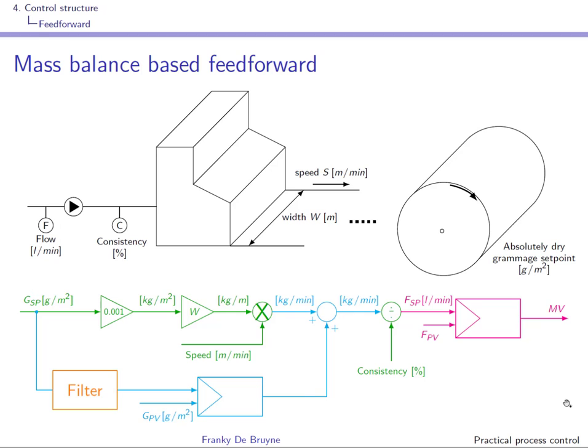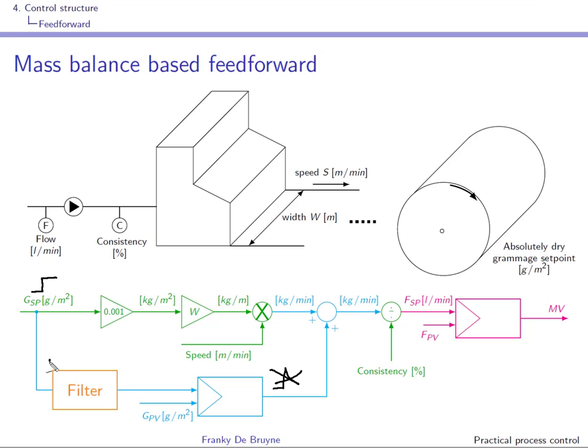So we have to prevent this kick when we have a set point change at the output of this feedback controller. There are several ways to prevent this kick that would take into account the grammage set point twice, once using feed forward and once using feedback.